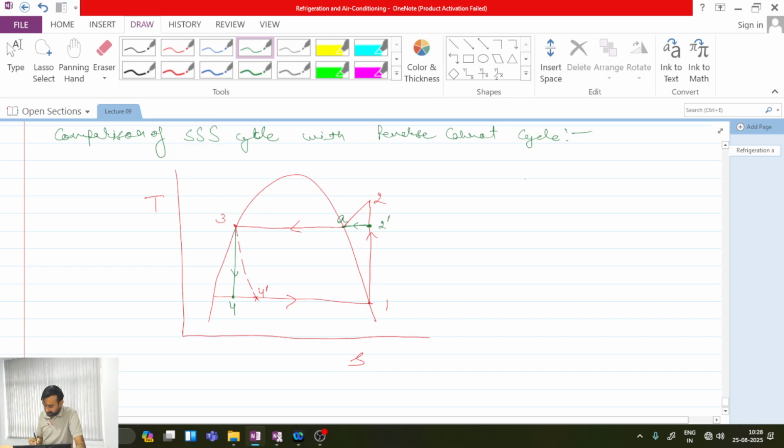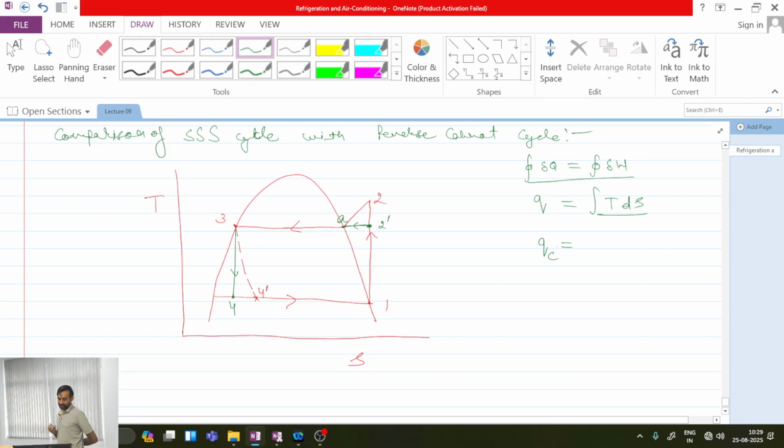For a cyclic process, always the cyclic integral of del Q is equal to the cyclic integral of del W. This point we know from the first law of thermodynamics. Another important thing we know is that for a reversible process, heat is equal to the area under the temperature-entropy diagram. It is the integral of TdS. Okay. So now, what is my amount of heat rejection in the condenser?